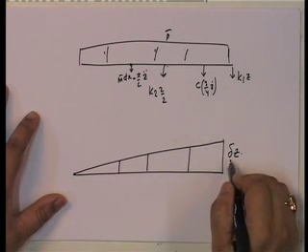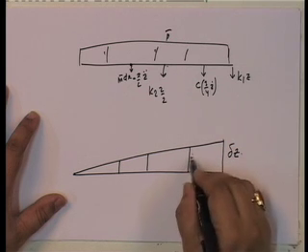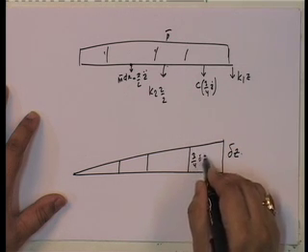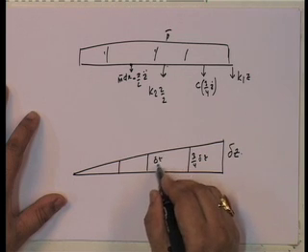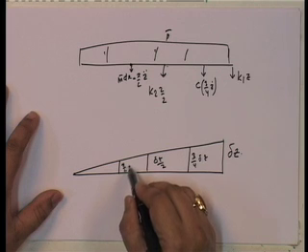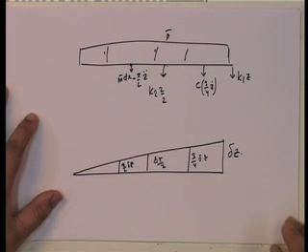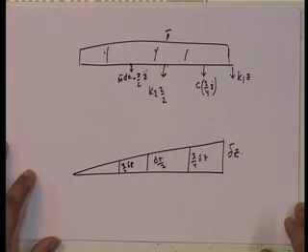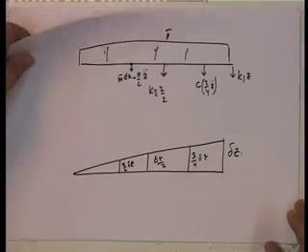So, if this is delta z, this is going to be 3/4 delta z. This is going to be delta z by 2. This is going to be equal to x by L delta z. Okay? And so, if I take the work done by all the forces, what do I get? I get it equal to, let me start off, K1 z into delta z.